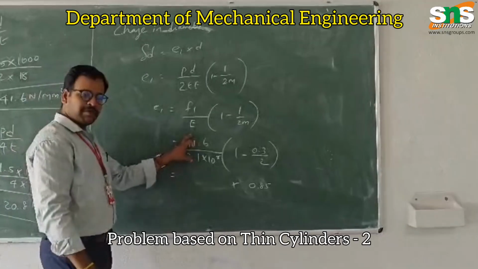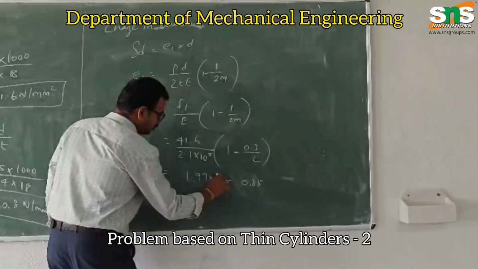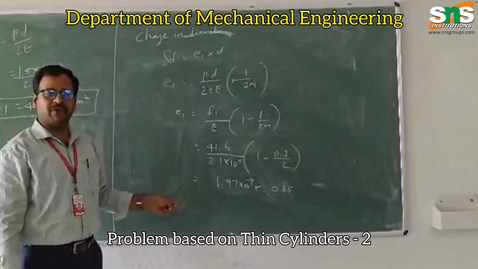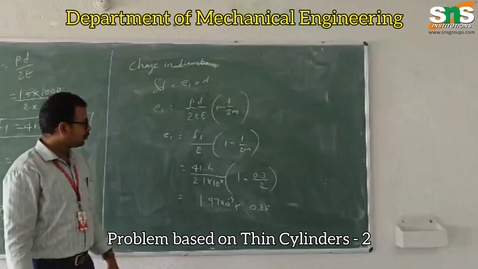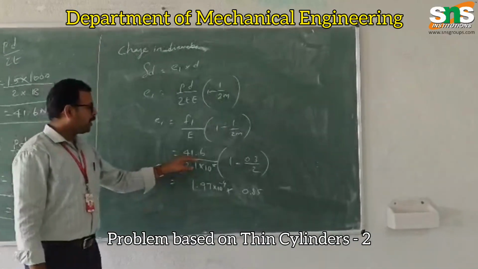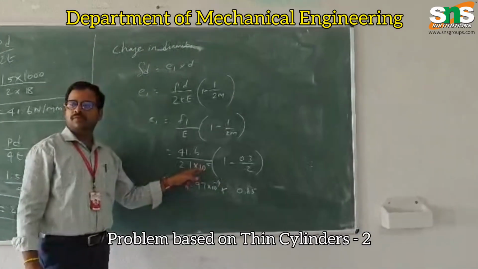So what becomes of this? 1.97 into 10 to the power of minus 4. You multiply that with 0.85. I think the answer is wrong, please check this. 41.6 divided by 2.1 into 10 to the power 5.